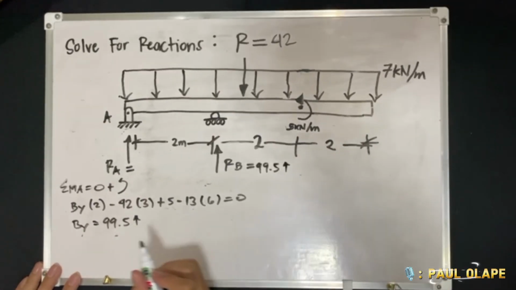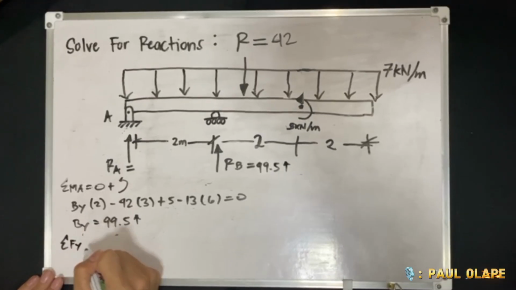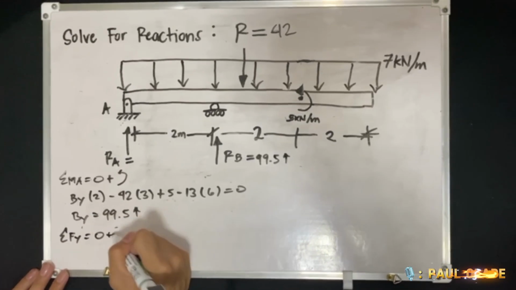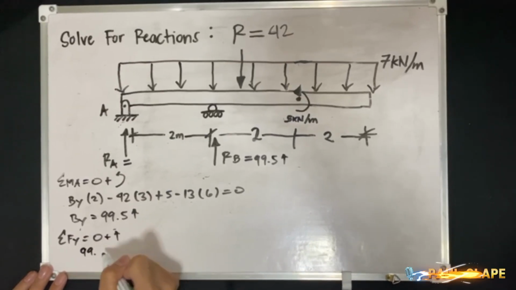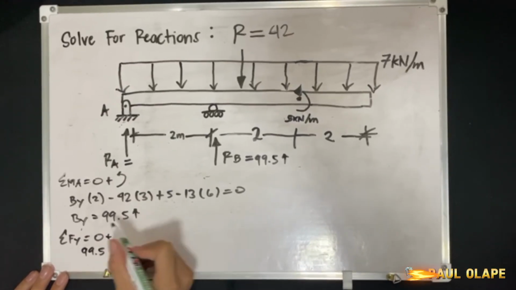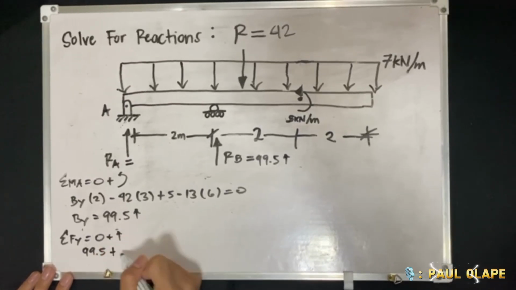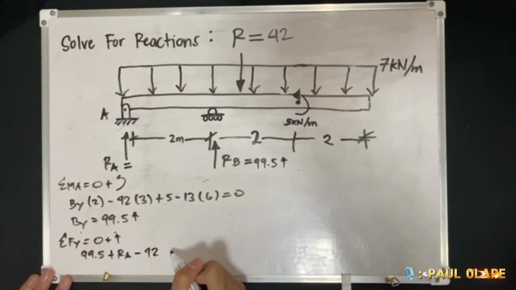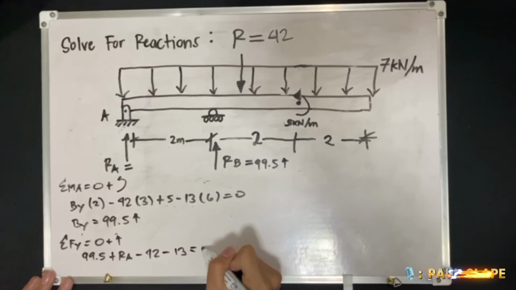Next is summation of forces, positive upward. So 99.5, the reaction at B, plus RA minus 42 minus 13 equals 0.